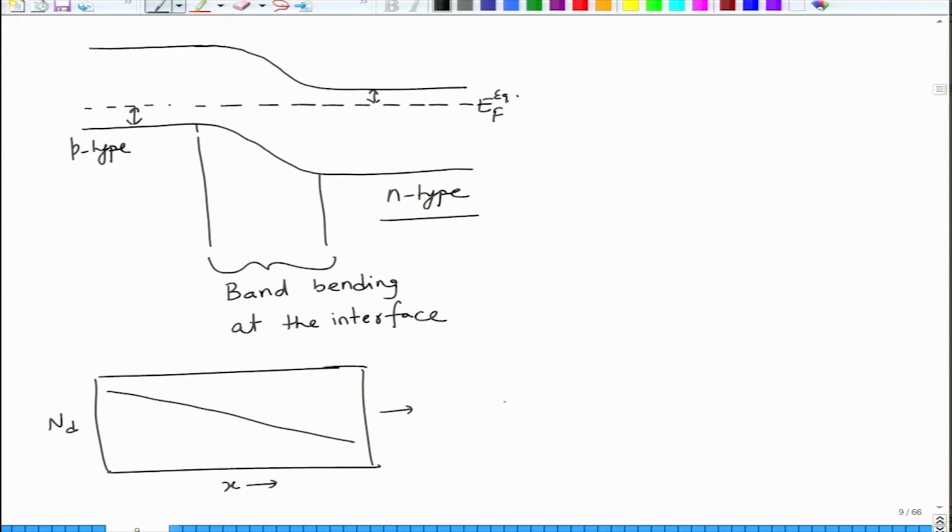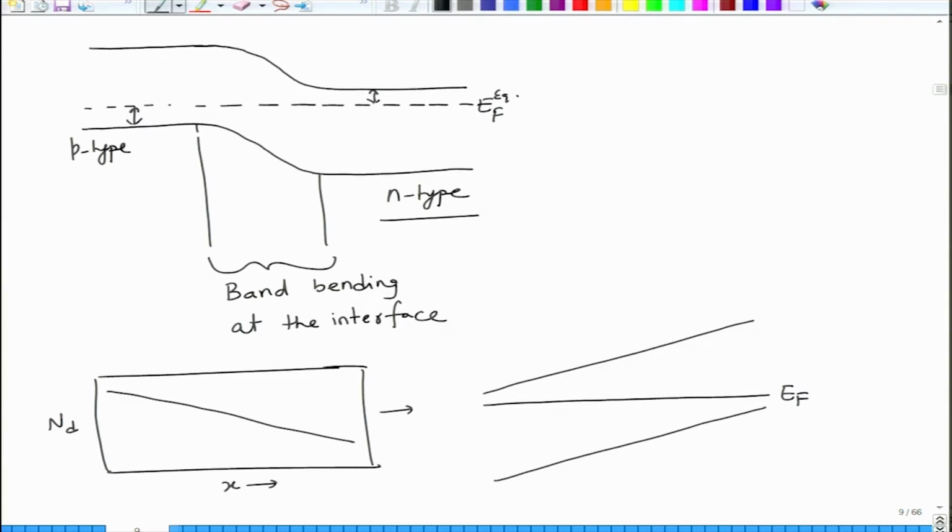Since Nd is varying, but the material will remain in thermodynamic equilibrium, which means Fermi level will stay here. On this side the Nd is higher, on this side the Nd is lower, which means the valence band will be farther on this side, conduction band will be farther on this side and closer on this side. So this would be your energy band diagram, sort of.